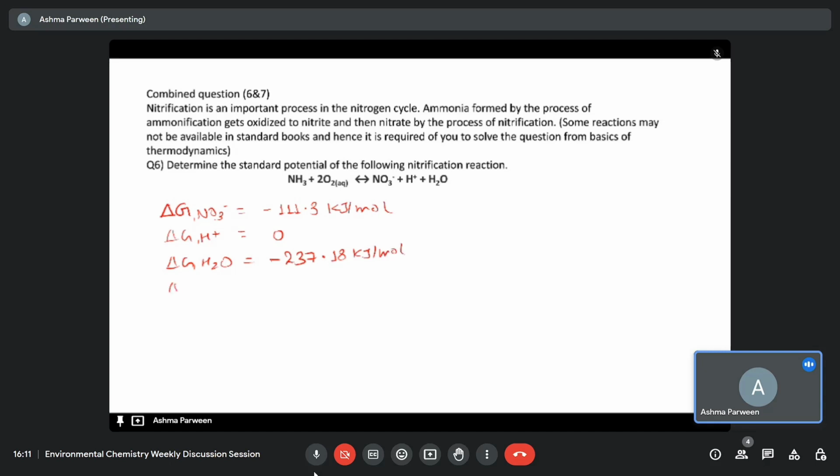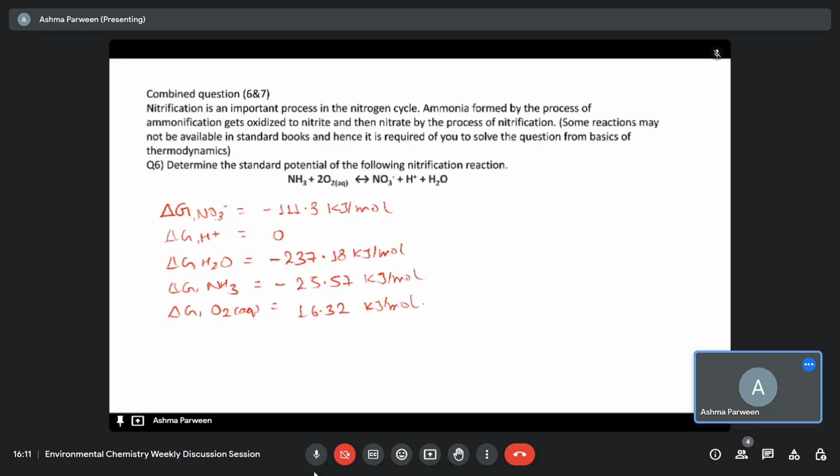For ammonia, it is minus 25.57, and for oxygen aqueous, it is 16.32, all in kilojoules per mole.